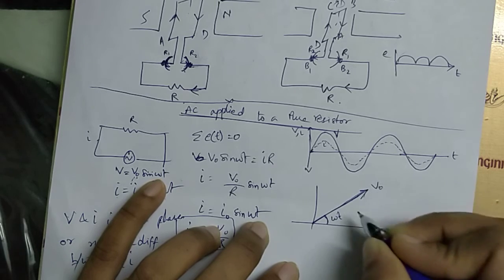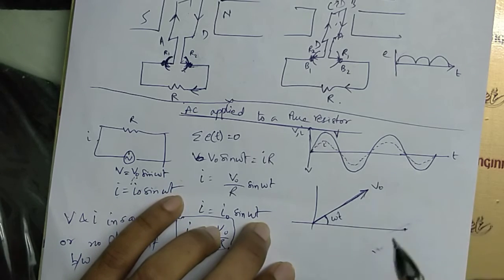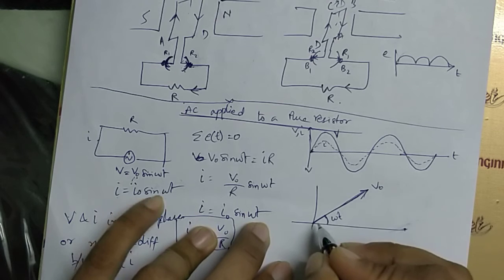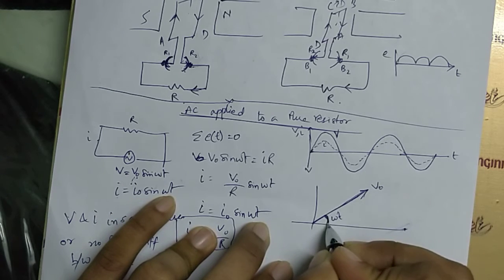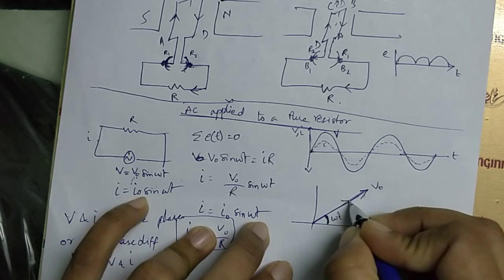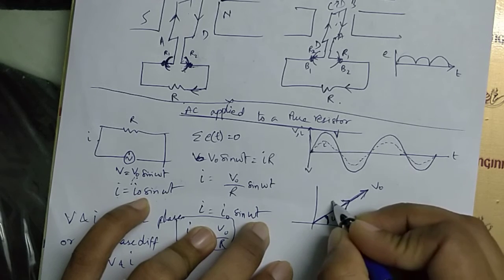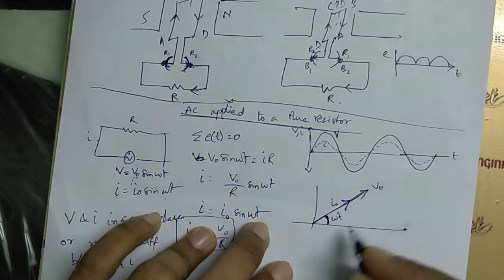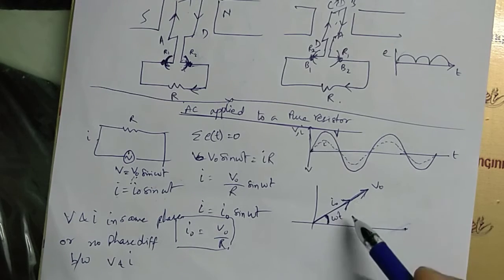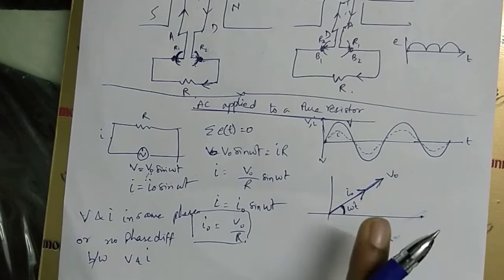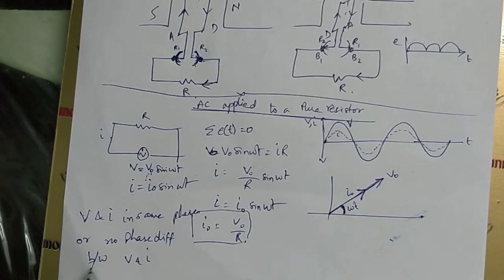So this is the phasor for voltage. And what about current? Same angle omega t, but I naught is a different magnitude. They are both in the same direction, in the same phase, so there is no phase difference between them. According to the phasor diagram also, there is no phase difference between voltage and current.